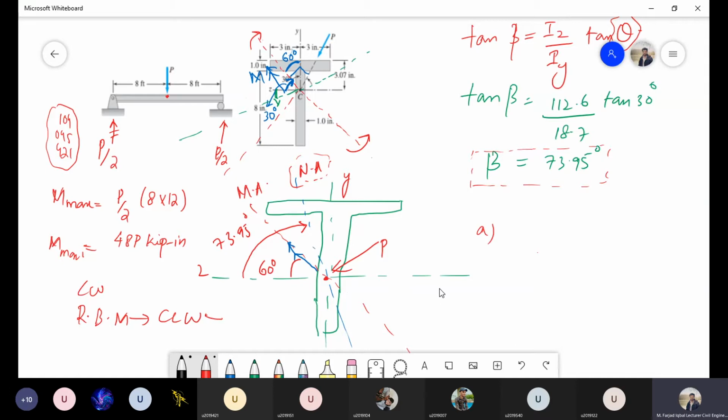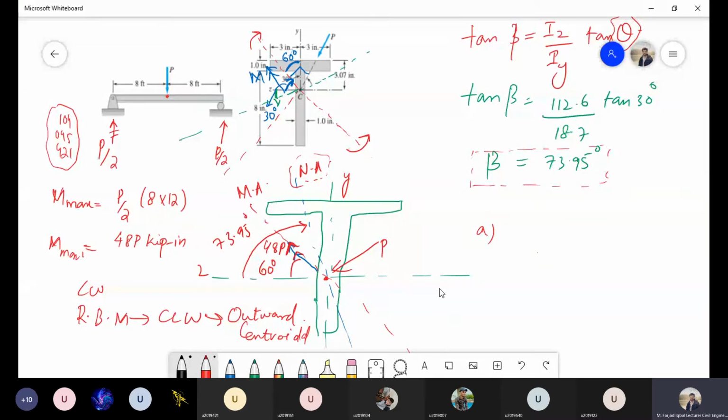So if it is in counterclockwise direction, then I have to show my resultant moment outwards from the centroid or centroidal axis. So this is the P load, and over here I have already shown the direction of resultant moment outwards with respect to centroidal axis. So that will be 48P.